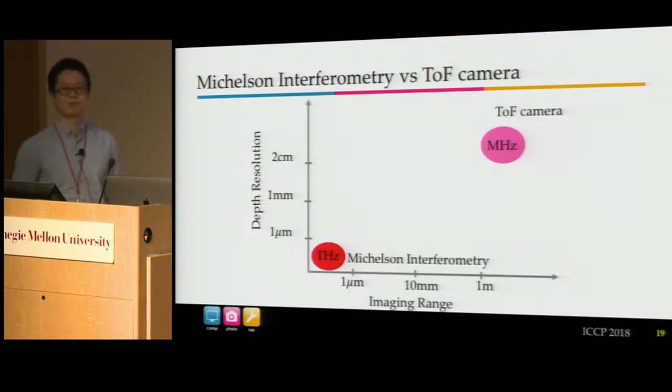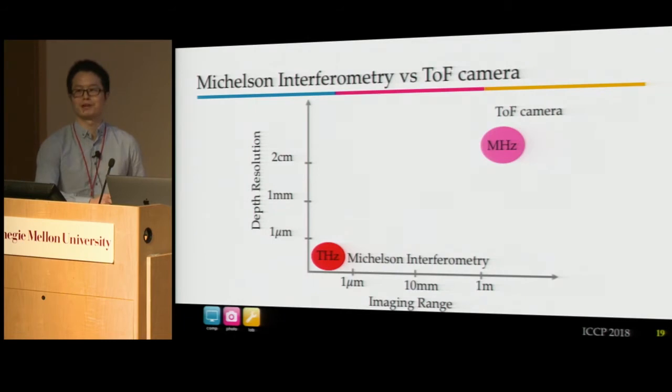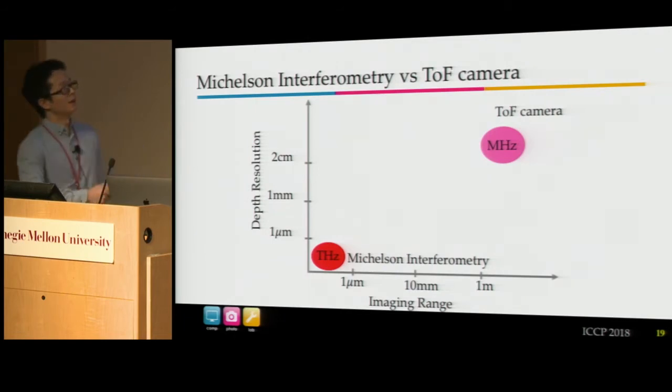So let's put these two types of continuous wave time-of-flight imaging together in the same plot. The x-axis is going to be our ambiguity range, and the y-axis is going to be our depth resolution. As you can see, with time-of-flight cameras, we use tens of megahertz modulation frequency. The benefit of these modulation frequencies is that we achieve an extremely high range.